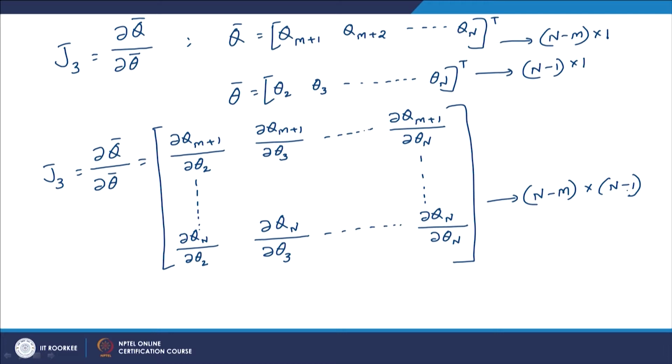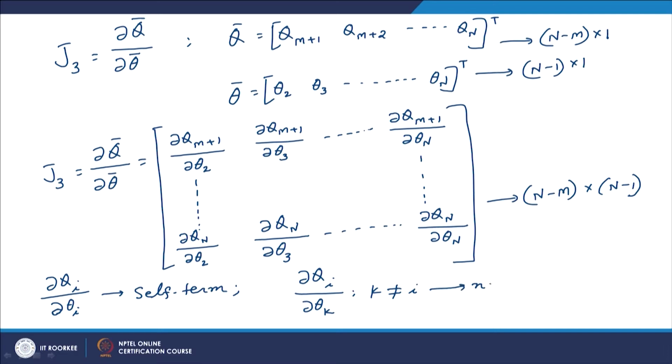Because it is a rectangular matrix, it will also have a self term and non-self terms. The self term is del Qi by del theta i, and the non-self terms, in our own parlance, would be del Qi by del theta k, where k is not equal to i.